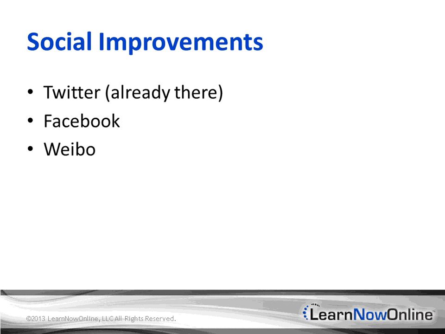For those who are worried about the Asian Pacific Rim area, there's Weibo support. And then there's not technically a social network improvement, but I want to mention it in this section. That's a new control, UIActivityViewController, which is going to allow us to send data out to applications which support certain items.